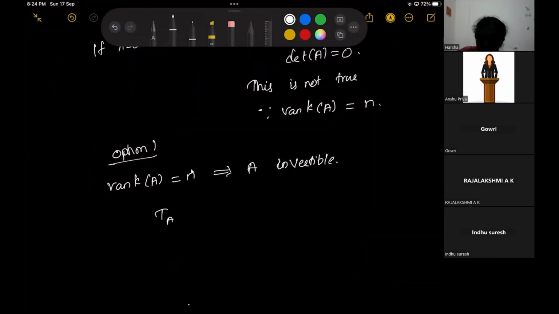Our map is TA of x equal to Ax. Our question is, is TA 1-1 or onto? So, is TA a 1-1 map? That is the first option. The first option says TA is not 1-1. Now we are checking whether TA is 1-1 or not.